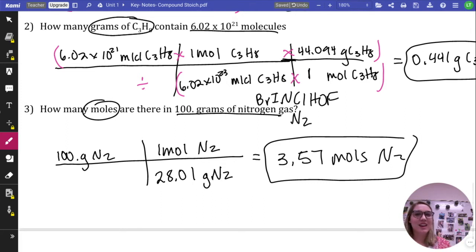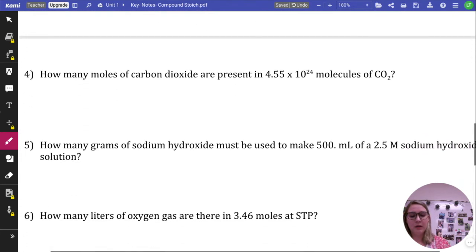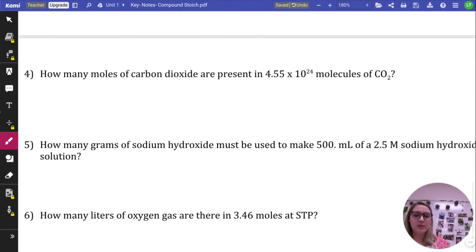Great. All right, 3 more. I'm gonna do 3 more together and then practice for you guys after that. Okay, so this next one says, how many moles of carbon dioxide are present in 4.55 times 10 to the 24th molecules of CO2? So I'm starting with molecules, and I want to end in moles.